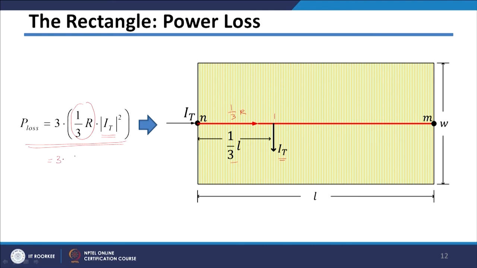So, I can write this equation like this: IT by root 3, squared. In that case I can easily lump. If I lump this load at the end, I am taking the total resistance into account, so it will be R, the resistance from start to end, and the current will be IT divided by root 3. So, this is your lumped model for power loss calculation.